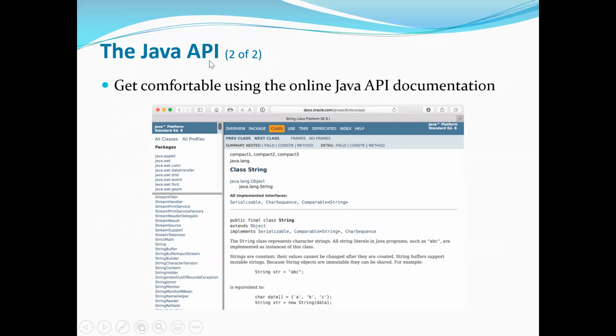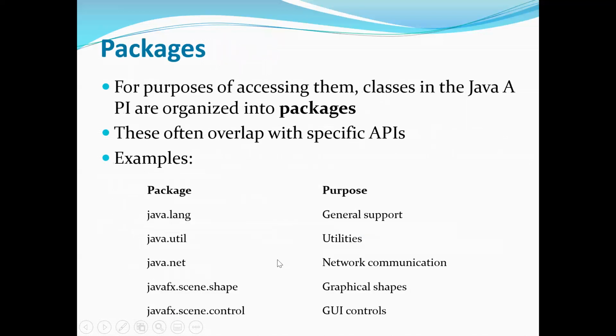So here we say that for the Java API, we should be very comfortable using the online Java API documentation. Again, Java belongs to Oracle. If you Google Oracle Java, there are documentations online. You come across so many different predefined classes and their methods. And there are examples given also.